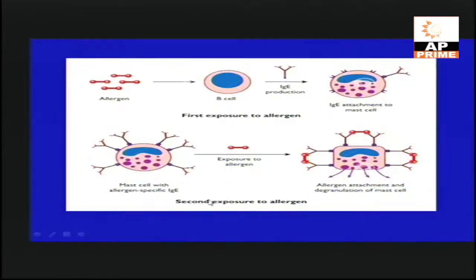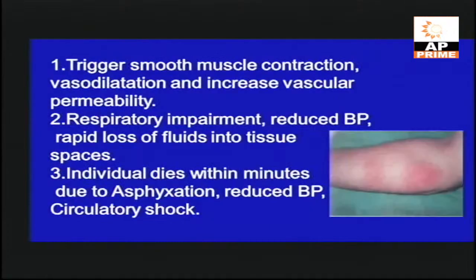And on the second exposure, whenever the allergen enters the immune system, the allergen causes the cross linking of the IgE antibodies, leading to degranulation of the mast cells, releasing all the chemicals from the mast cells, which cause the specific symptoms of anaphylaxis.